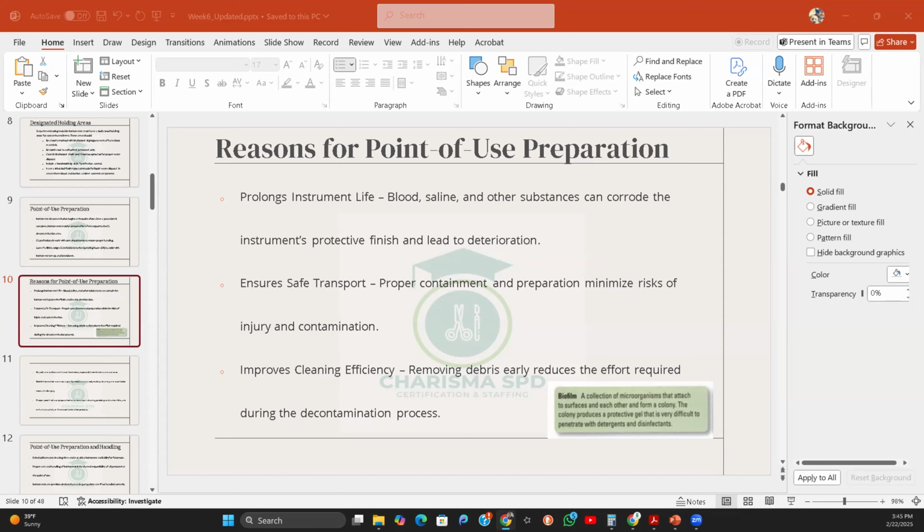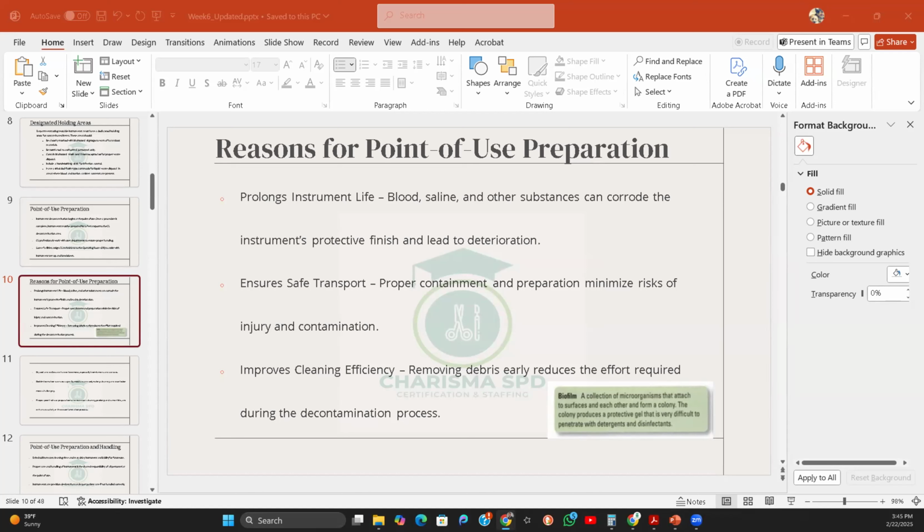For example, if blood, fatty tissue, and bone chips are removed immediately after the instrument is used, the protective surface will not get damaged.